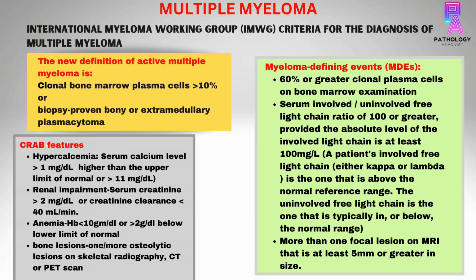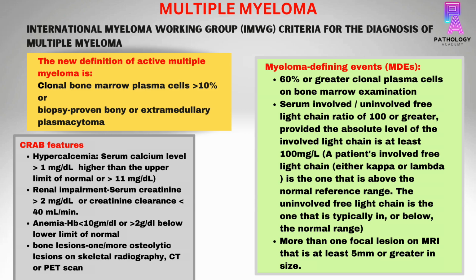The CRAB features include hypercalcemia with a serum calcium level more than 1 mg/dL higher than the upper limit of normal or more than 11 mg/dL, creatinine clearance less than 40 mL per minute or serum creatinine level more than 2 mg/dL, anemia with a hemoglobin value of less than 10 g/dL or more than 2 g/dL below the lowest limit of normal, presence of one or more osteolytic lesions on skeletal radiography, CT or PET scan.